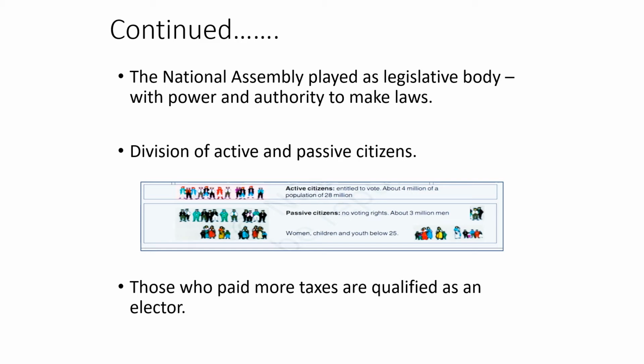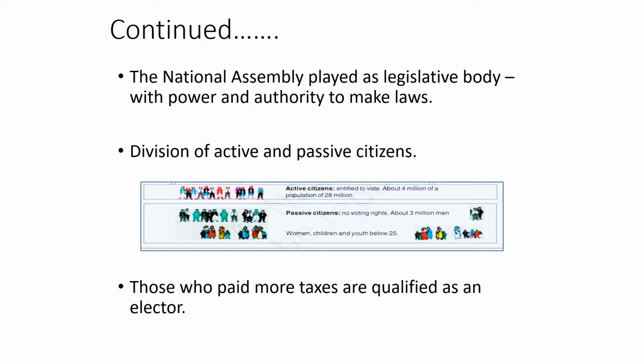The right to vote and status of being active citizens were entitled only to a few numbers of people. That means these active citizens comprised only men of 25 years and above who paid taxes equal to the minimum of 3 days of a laborer's wage. That is the amount of money earned by an average man in 3 days.